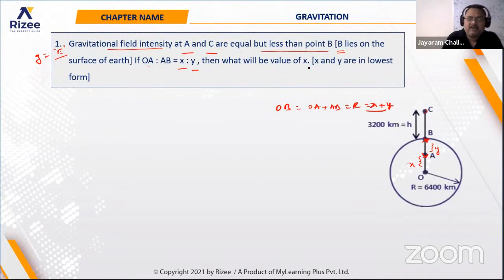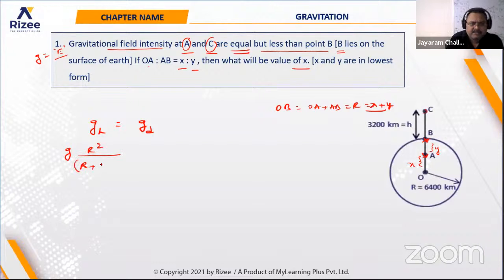Now he is asking the value of x. Gravitational field intensity at A and at C are equal. That means g at a height is equal to g at the depth. The formula of this one is g into R square by (R plus h) whole square. Since R is equal to 6400 kilometers, h is equal to R by 2. Because 6400 by 2 is nothing but 3200 kilometers only. So I'll be substituting next.